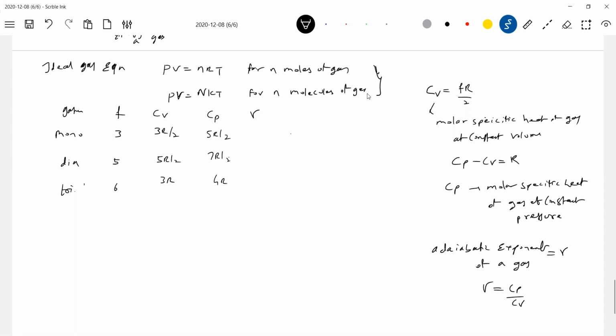What about gamma for monatomic gas? Cp by Cv: 5 by 3, 7 by 5, 4 by 3. Like this we can categorize the gases, and for each, the degree of freedom, Cp, Cv, gamma. Gamma is something very important, which is going to help us a lot. Of course, in KTG, we'll just try to remember.